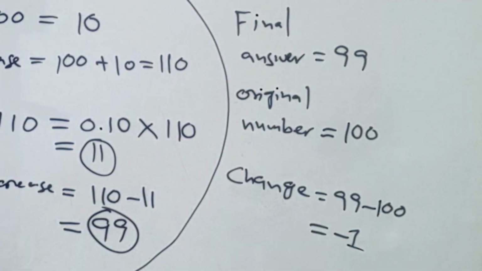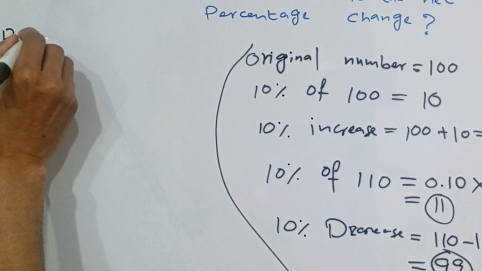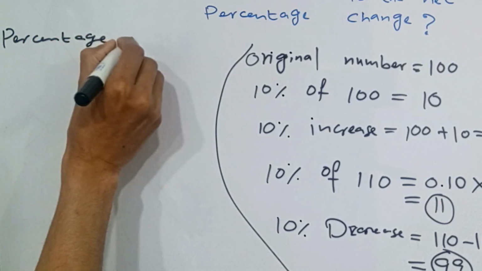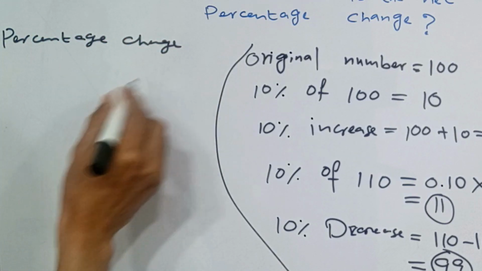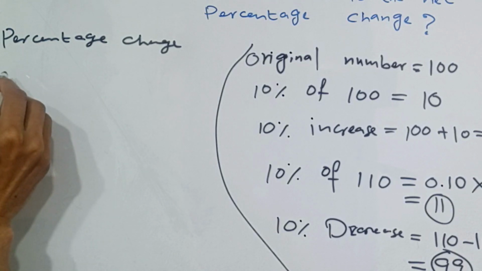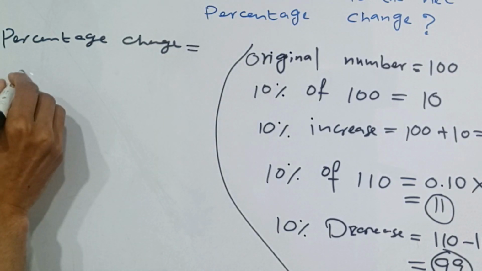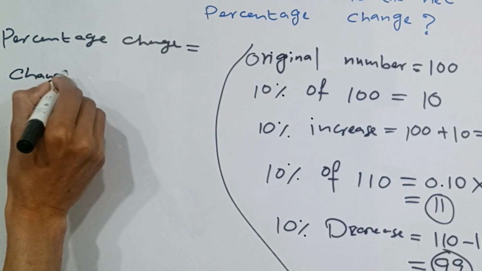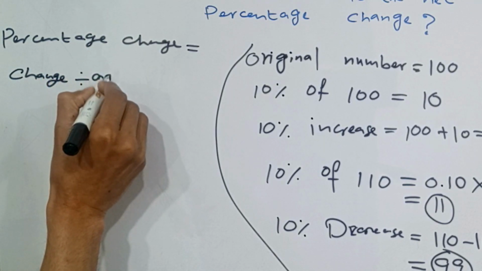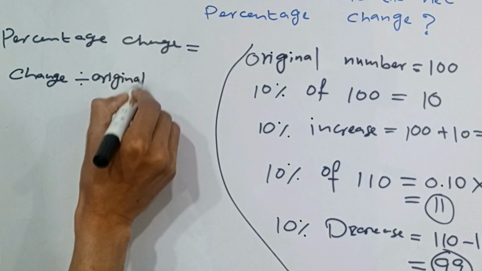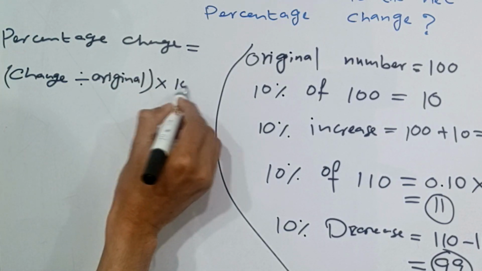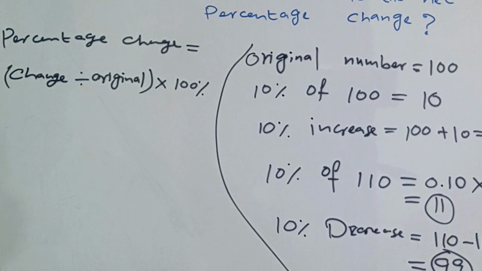Minus 1. Now convert to percentage change, right? So the percentage change formula is equal to change divided by original number times 100%, right?